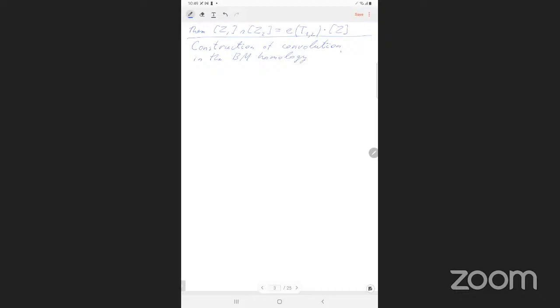Okay, so we have three connected, smooth, oriented manifolds, M1, M2, and M3.